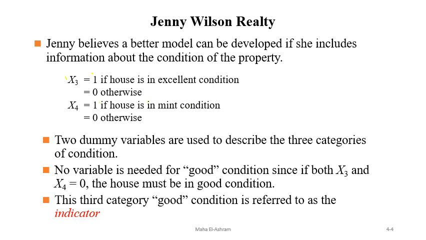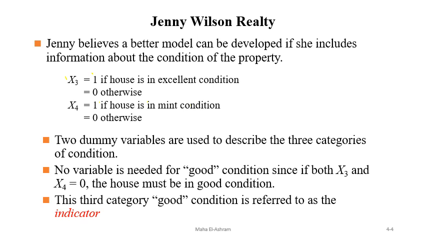So this means now that the dummy variable that we're going to introduce to the model will be a variable that will take the value 1 if a certain category happens, and it will take the value 0 otherwise. In our case, the categorical variable is the condition.